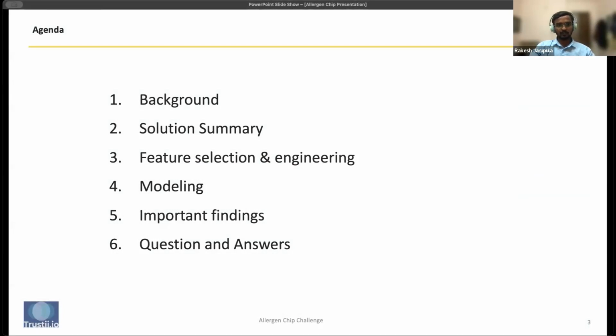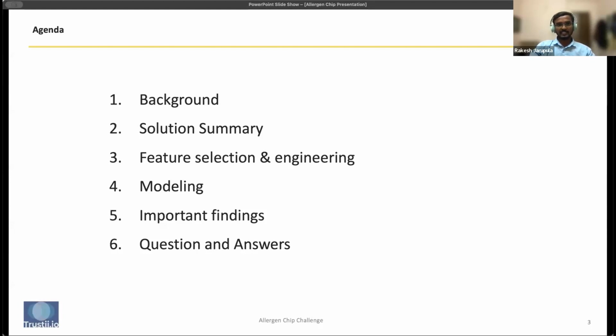I'm going to start with the solution summary, and then I'll briefly discuss the feature engineering and selection techniques which worked well. After that, I'll briefly talk about the modeling, where I used different models to predict the final output.